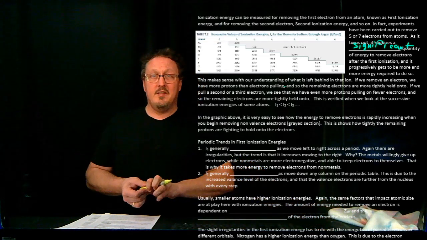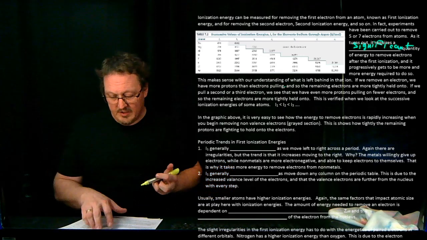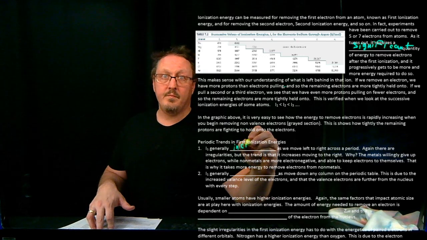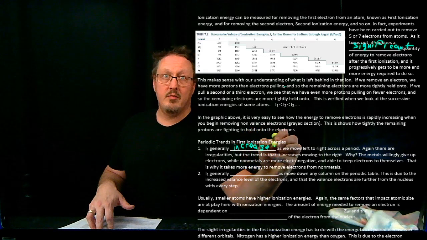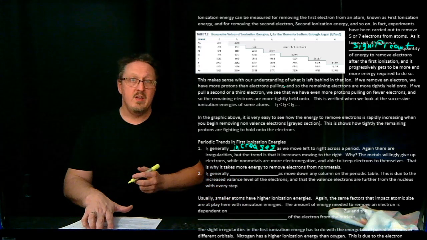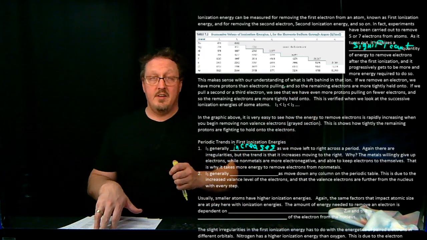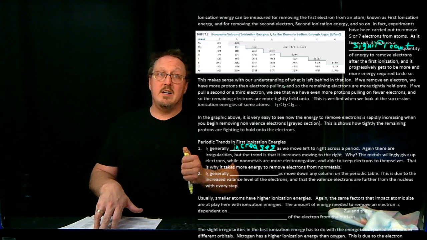Ionization energy 1 generally increases as we move from left to right in a period on the periodic table. If we start over here, we work our way that way. Generally speaking, the ionization energy increases as we move on over.